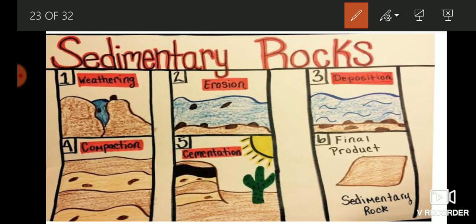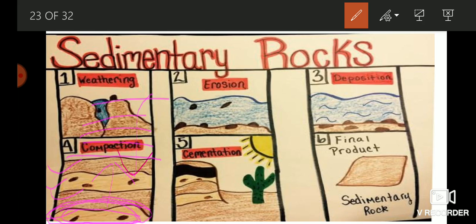When the layers of tiny rock particles are formed, you can see this fourth step, the different layers of tiny rock particles. The particles at the bottom, the deepest layer, feel huge pressure, because multiple layers have formed above them.